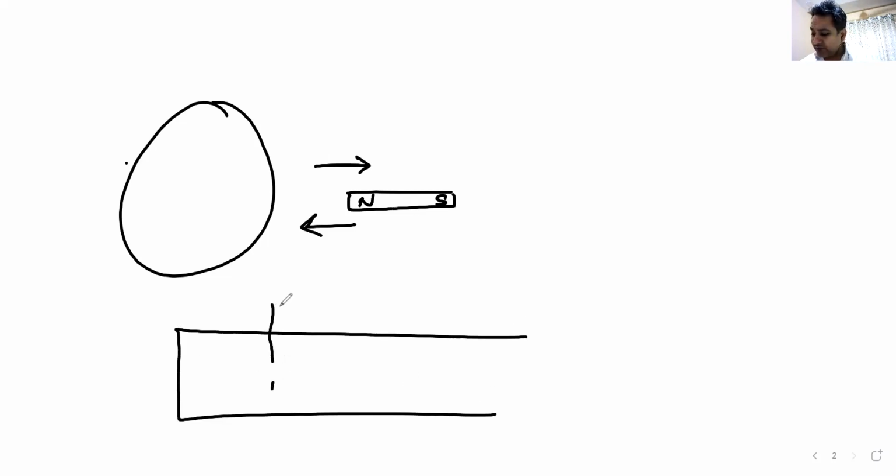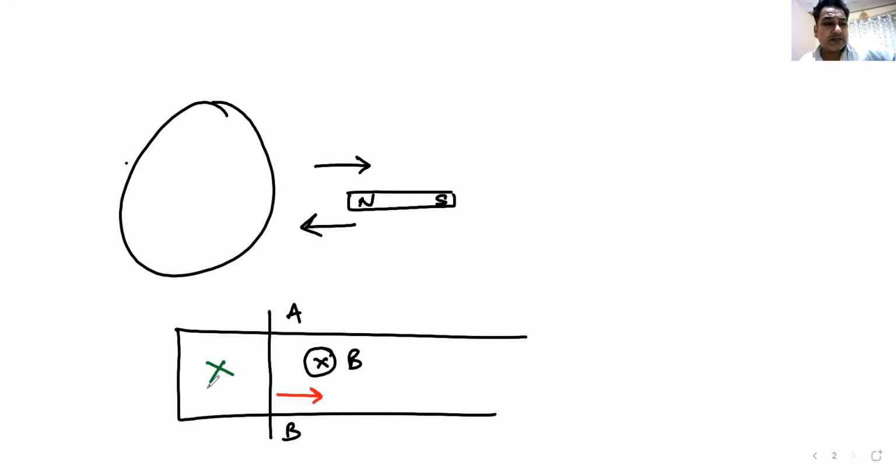No matter how you change the flux, this is the most famous arrangement that comes everywhere. You have a moving conductor like this, AB is the moving conductor, and then you have magnetic field inside this going in, and now you start to move this conductor. What happens? The magnetic flux linked with this inner loop starts to change.